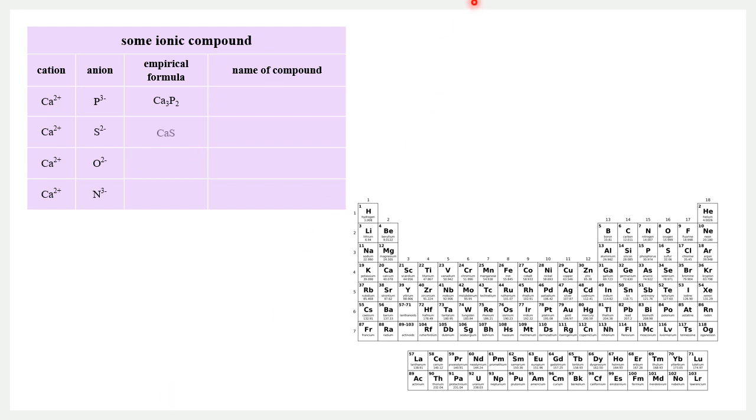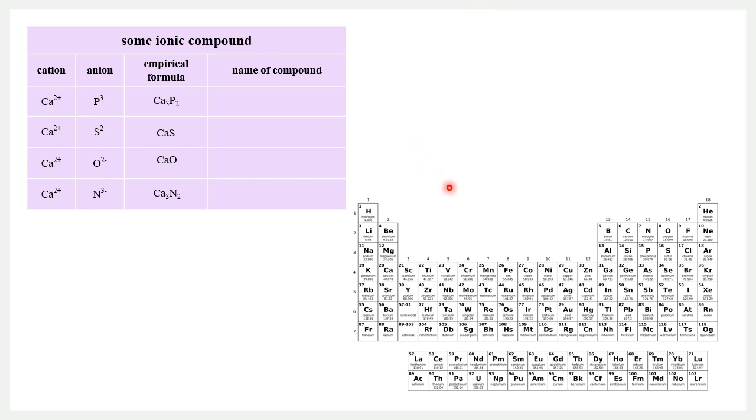So the simplified form of Ca2+ and S2- would be CaS, and the simplified form of Ca2+ and O2- would be CaO. And you would get Ca3N2 for the last one.